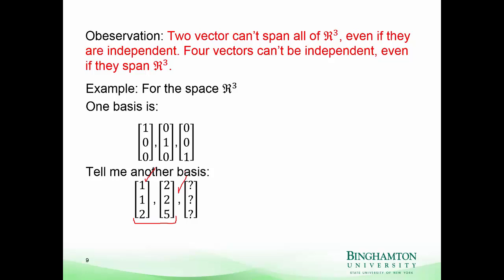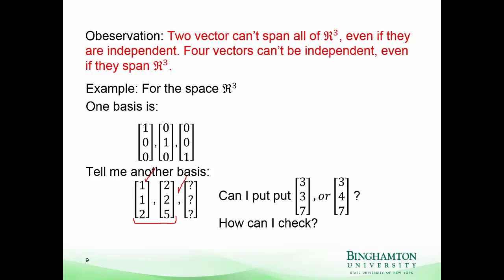And I need to make sure that that last vector is linearly independent. So how about 3, 3, 7? Can I do that? No, that doesn't work, because if I just add the first two together, I get 3, 3, 7. So this is just the sum of the first two.